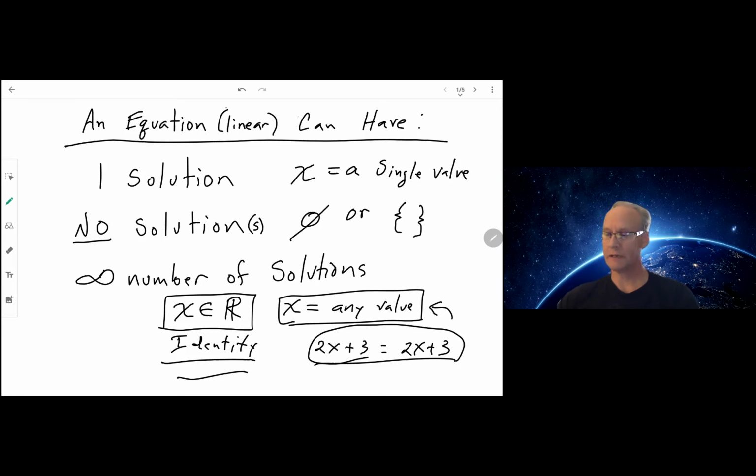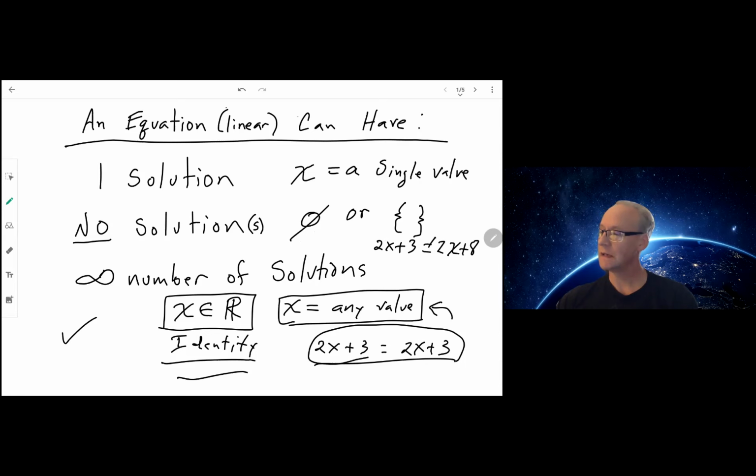So that's one possibility. Another possibility is to have no solutions. Well, how could that possibly happen? Well, here's how that could happen. I'm going to shift this just very slightly. What if I said that 2x plus 3 was equal to 2x plus 8? Well, clearly that's not true.